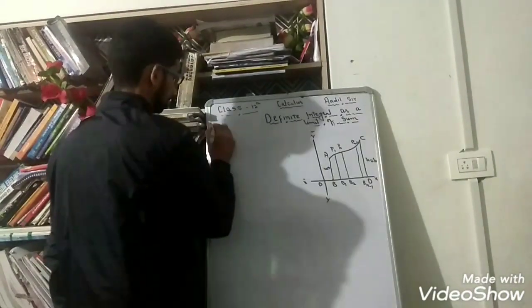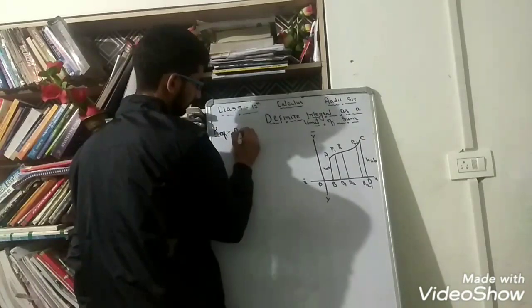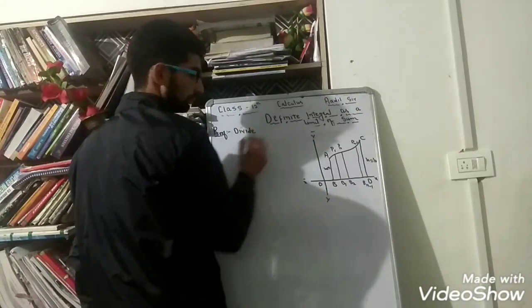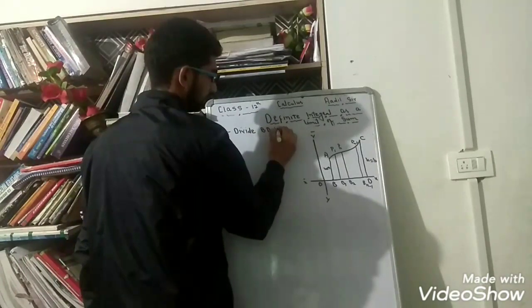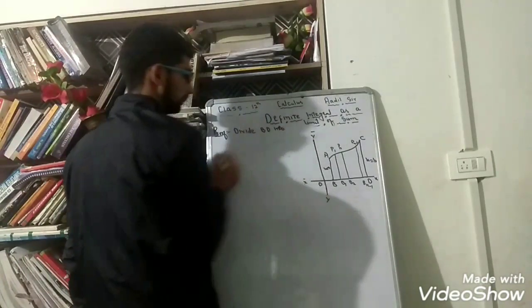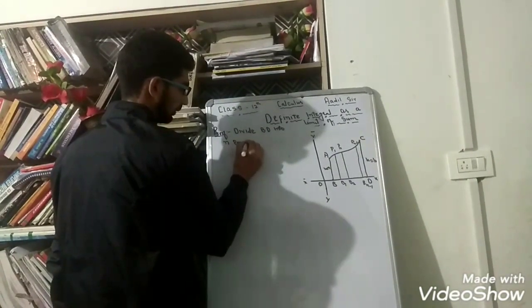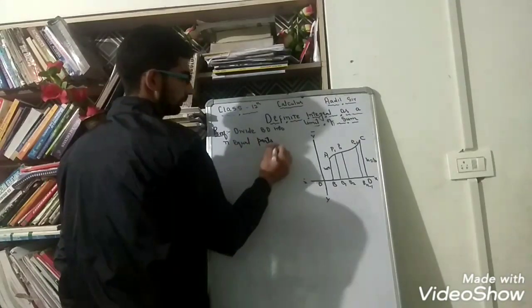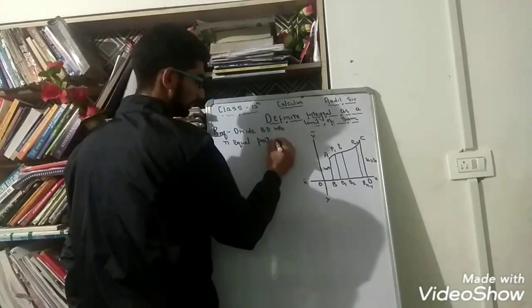So I will write this proof here. Divide BD into n equal parts. Divide into n equal parts.